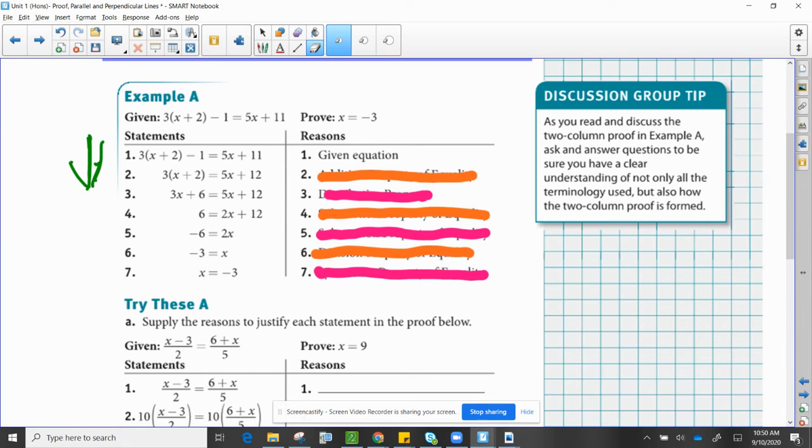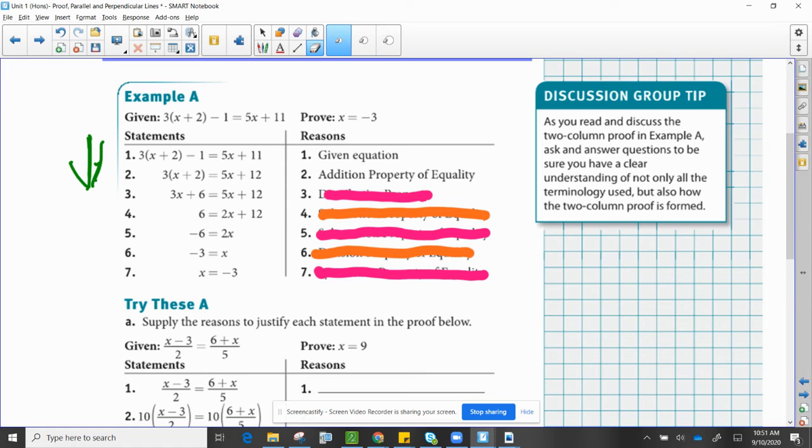We always start with what we are given, okay? Because once we have what we're given, we can kind of base everything else off of that, okay? All right, so next it looks like, well, what did they do? It looks like they moved this 1 to the other side, okay? So it's not here anymore. So it looks like they added it over. And why are we allowed to do that? Because we have our addition property of equality.